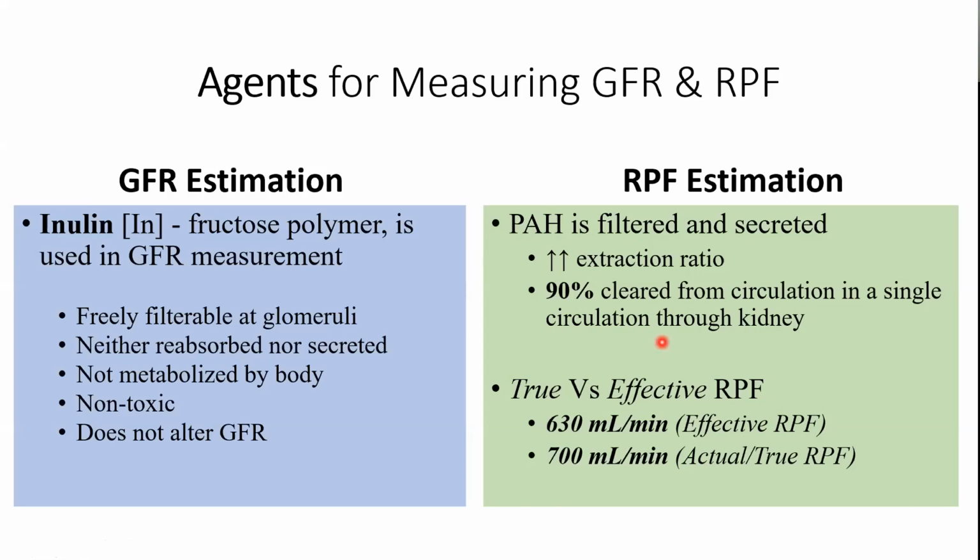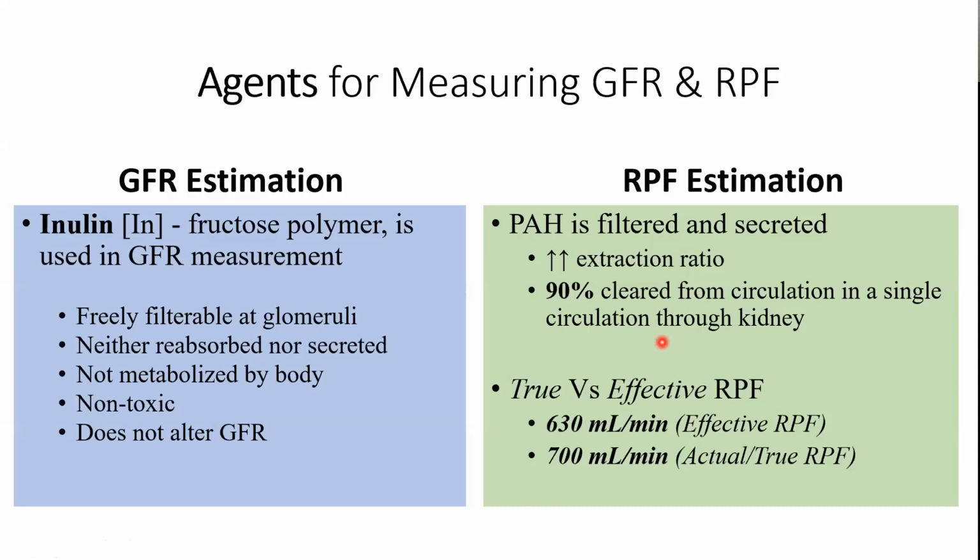So if it's cleared from the plasma, it then enters into the tubular fluid and you can now easily measure it in the urine. The PAH in the urine will reflect both the one that got filtered and the one that got secreted.